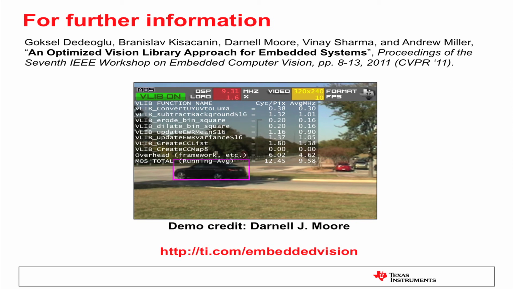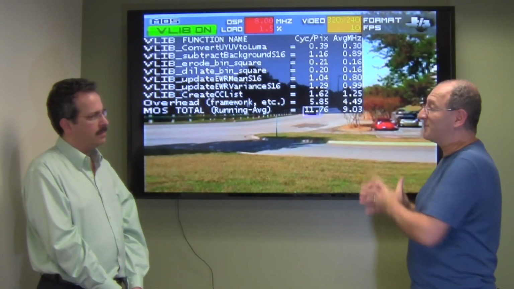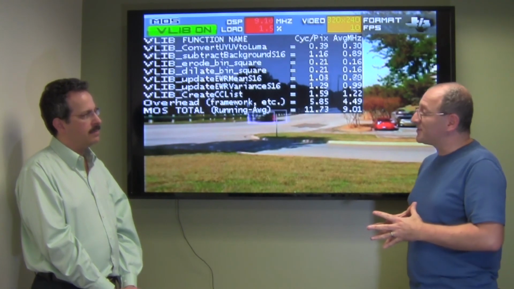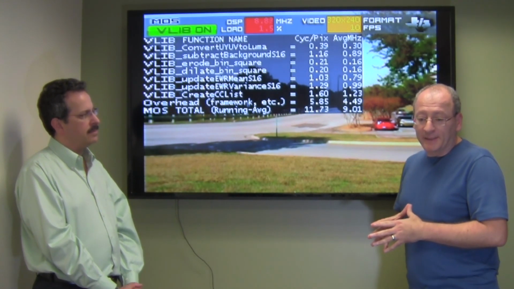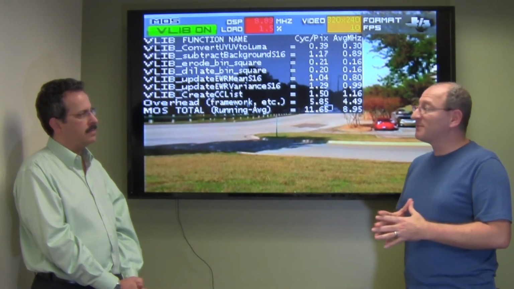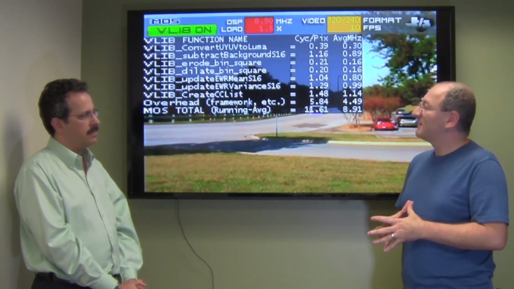The authors you see here are the very ones who have contributed kernels to the Vision library. So it's a good way of acknowledging their contributions, as well as underlining Darnell J's role in coming up with this beautiful demo on the DaVinci platform. And for more information, please follow these links.